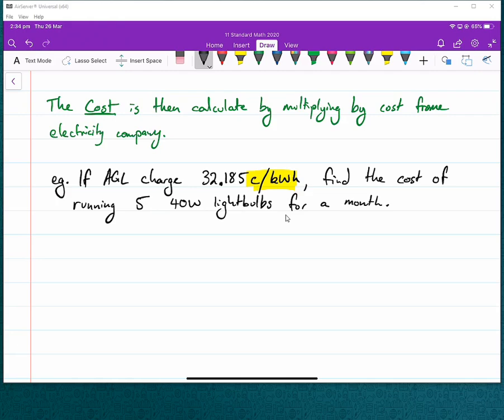So we firstly want to work out what the usage is. So we say our usage is equal to, let's have a look and see what we've got. So we've got 5 light bulbs, and that's times by 40 watts. That's fine. And then that's times by, let's see how many hours there are. There's 24 hours in a day times, well, I said month.